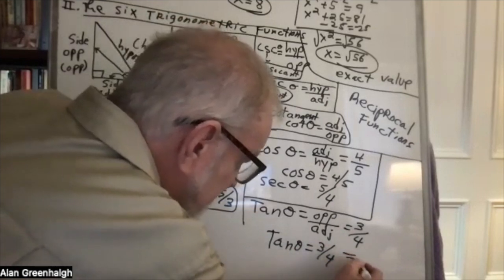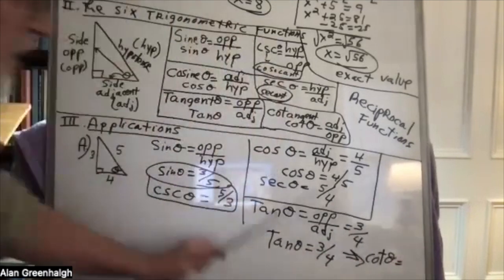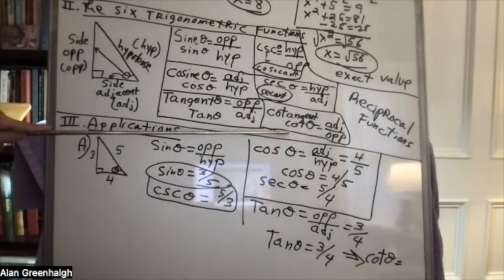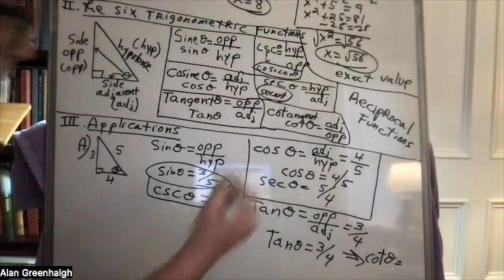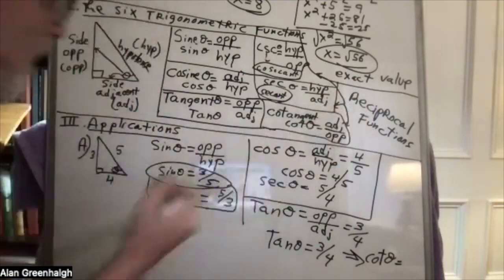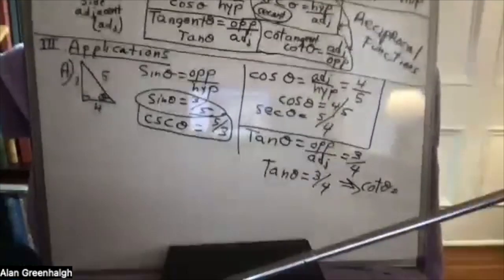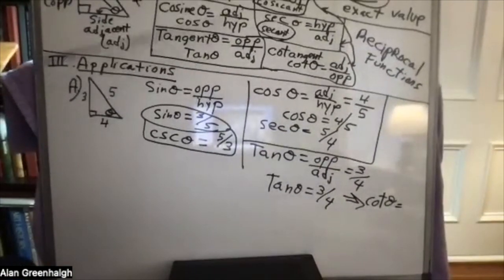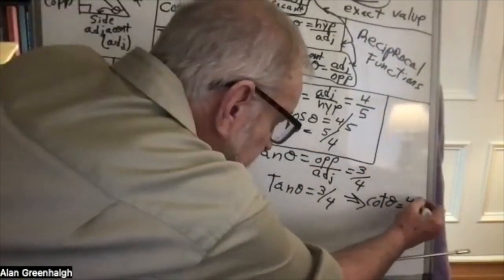And if I then said, as you might predict, what's the cotangent of theta? You would say, well, that's the reciprocal function of tangent. All three of these are the reciprocal functions of the big three: sine, cosine, and tangent. These guys have a very special place because they are the reciprocal functions. Cotangent would be 4/3.